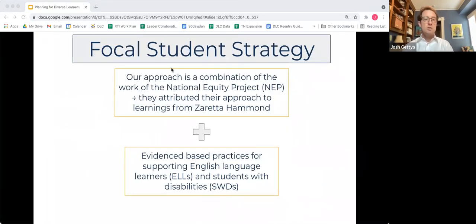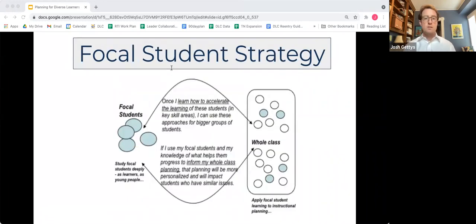So our approach here today is focal student strategy. It was developed by National Equity Project and really taken learnings from Zaretta Hammond. We've combined that with some other research and evidence-based practices around serving diverse learners. So what is it?